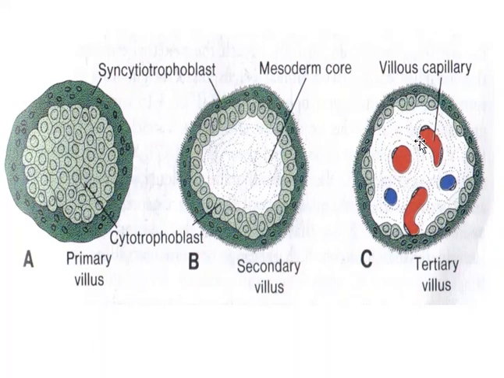Formation of capillaries inside the mesenchymal core transforms the secondary into tertiary villi. So the presence of blood capillaries in the villi is the sign of formation of definitive placental villi.